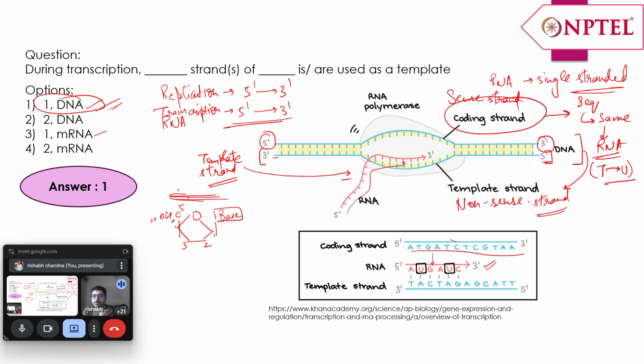Through this fifth carbon, a phosphate group is attached. Now, when another nucleotide adds to this nucleotide, the 3' OH forms a phosphoester bond with the other nucleotide, whose 5' end is here.